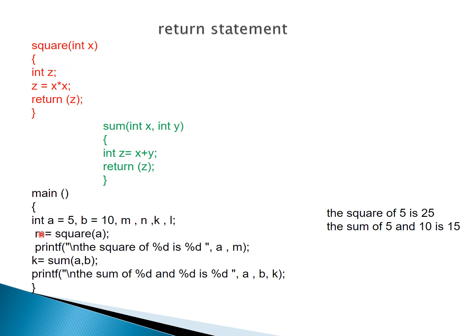In this case it is returning an integer, so we have to receive it on an integer. So let's demonstrate how it works. Basically, let's execute the right side. So a is stored on x and the value of z is now 25, so 25 is returned.